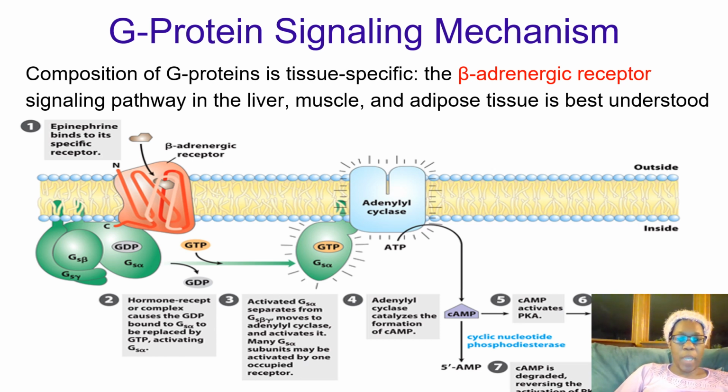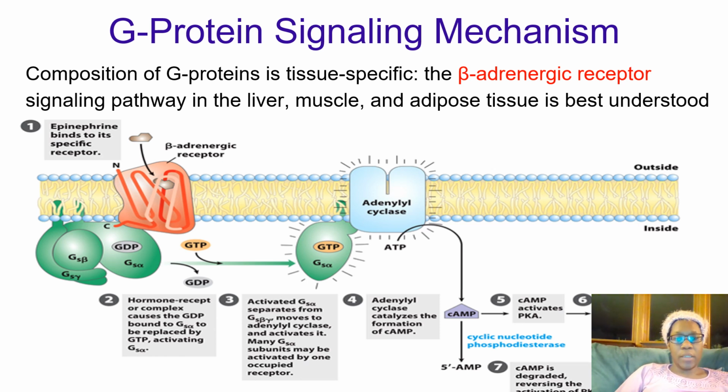So it leaves the beta and gamma subunit and moves along the cell membrane and finds adenylyl cyclase. So we see it's the cyclase, so it's going to cyclize something with the adenine in it. So this now activated alpha subunit of the G protein is going to associate with adenylyl cyclase.